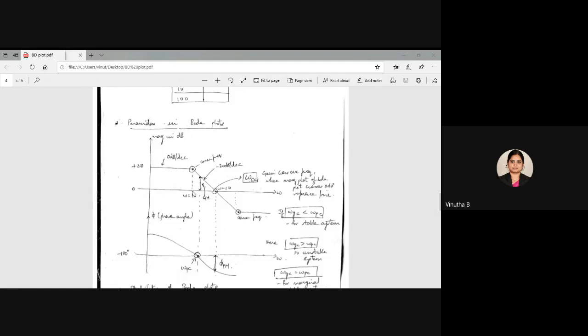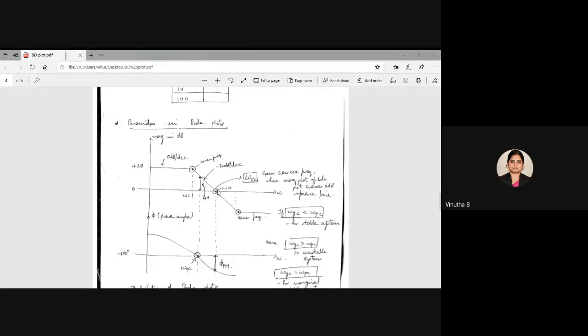Because from omega 1 you should move one decade, and for that decade you should draw one line which is minus 20 dB per decade. This is a slope. Suppose from here I was going up like this, then that would have been given as plus 20 dB per decade.